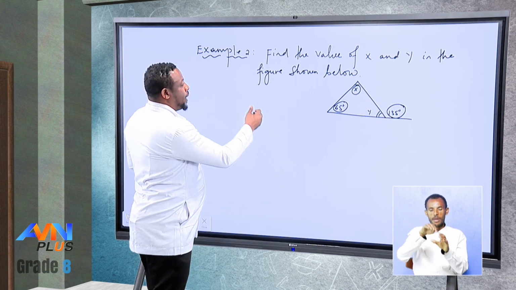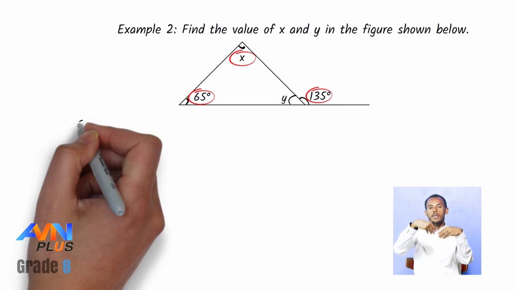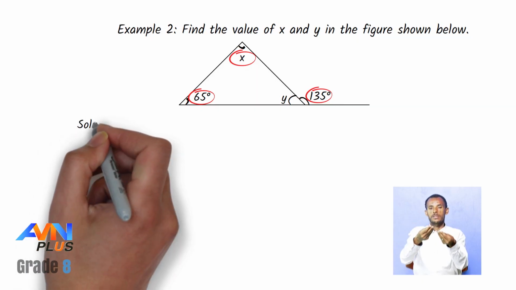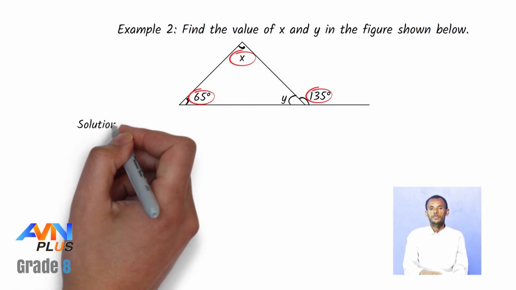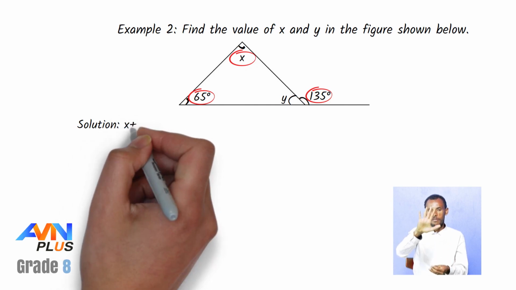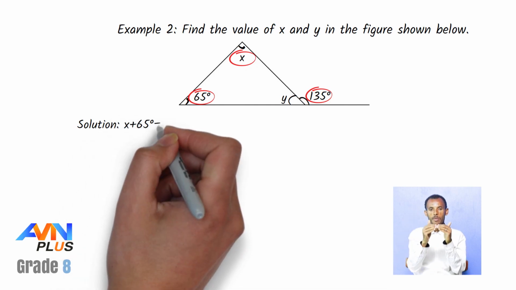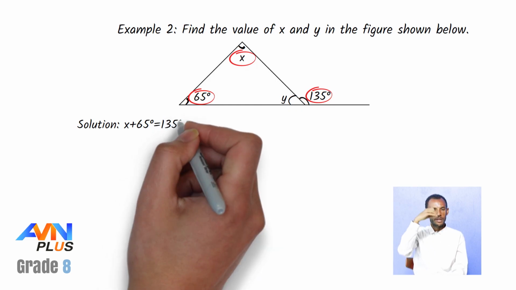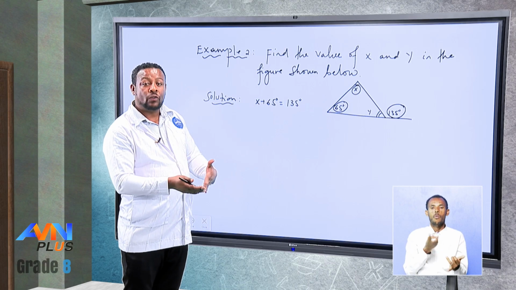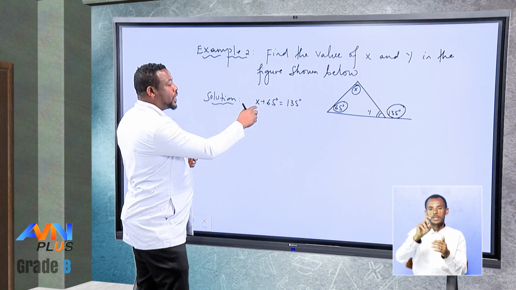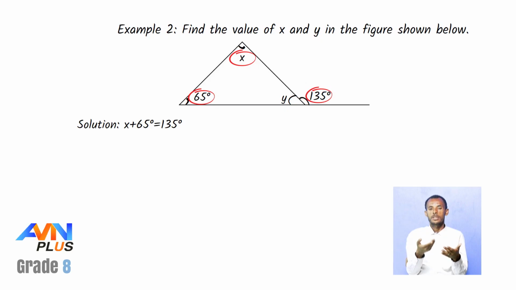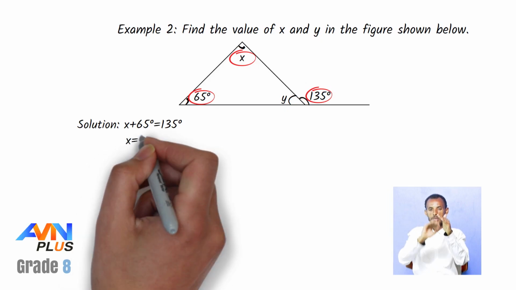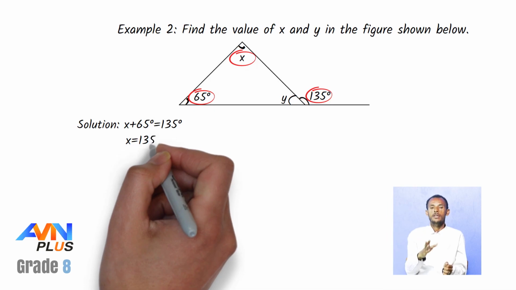So this gives us x plus 65 degrees is 135 degrees. Now we can get the value of x from this equation. Subtract 65 from both sides.